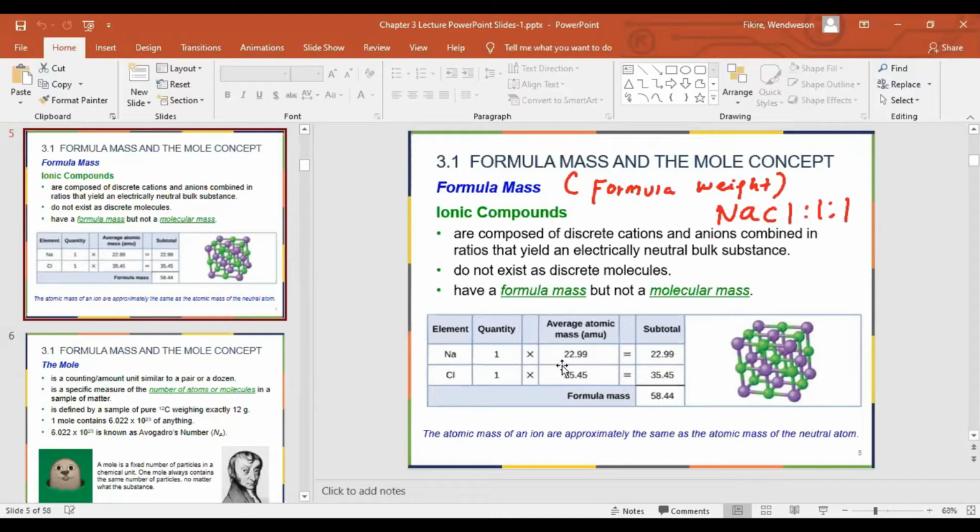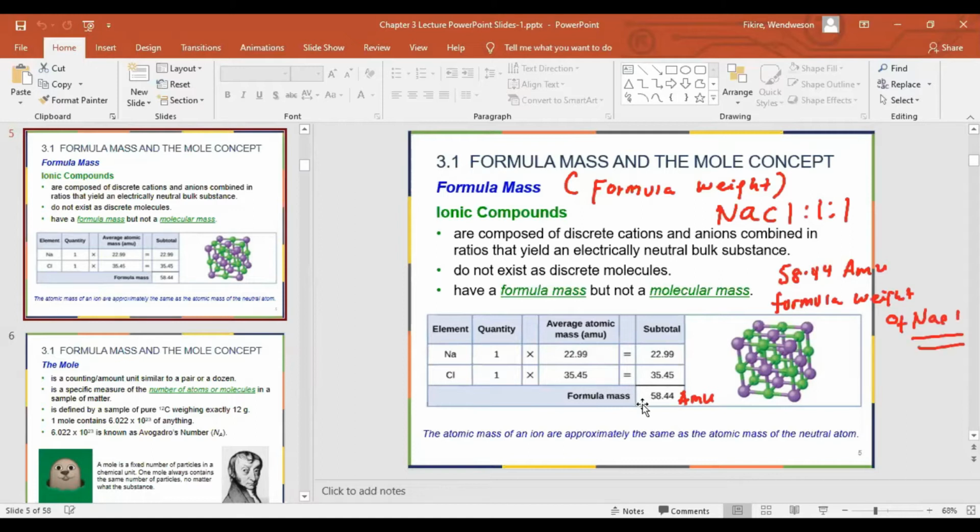So we multiply and then add them up, okay? So we get 58.44 AMU. So this number, 58.44 AMU, is referred to as the formula weight of sodium chloride.